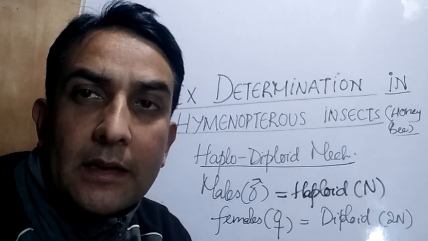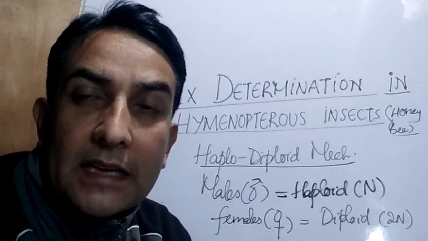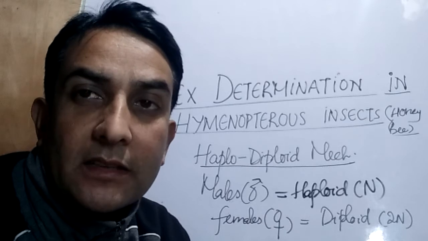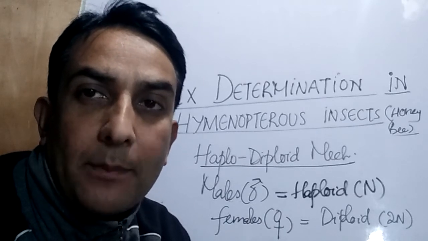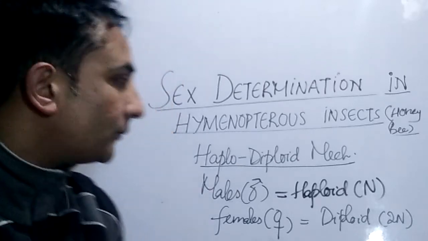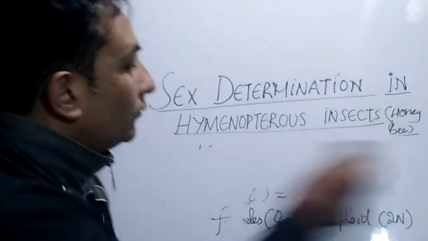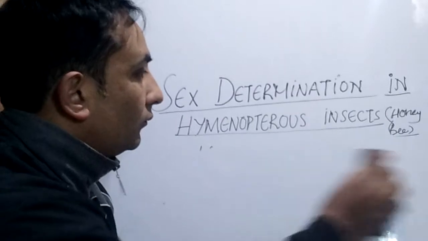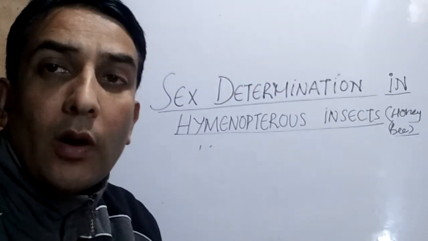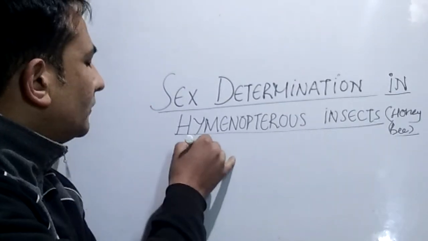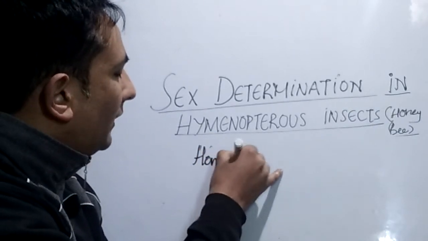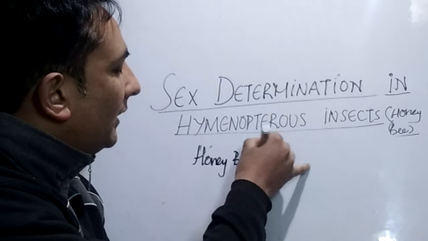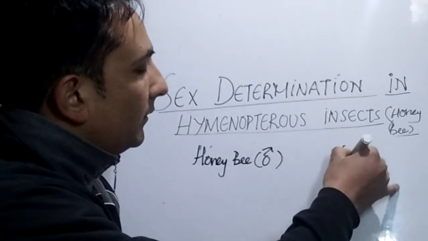After clearing this, now we will discuss the sex determination mechanism in Hymenopterous insects with special reference to Apis, that is the honeybee. In the honeybee, this is the male and this is the female.